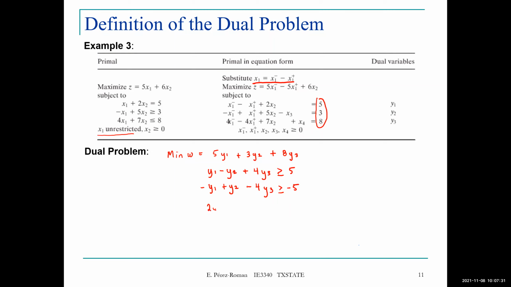Then we have 2y1 plus 5y2 plus 7y3 greater or equal to 6. Minus y2 greater or equal to 0, y3 greater or equal to 0, and y1 will be unrestricted.